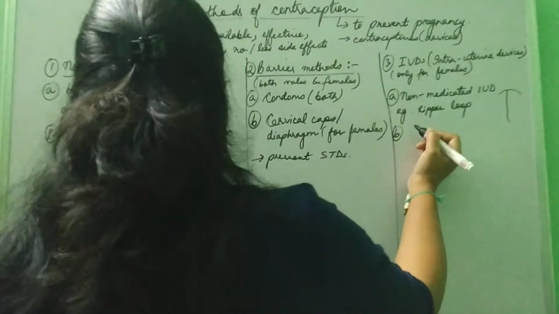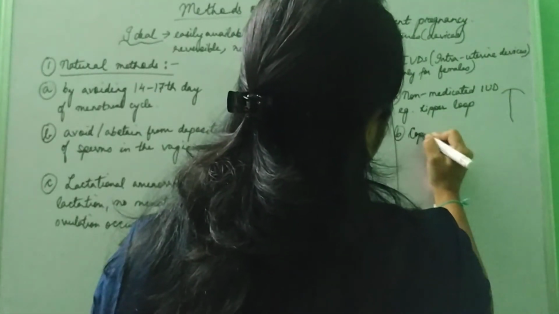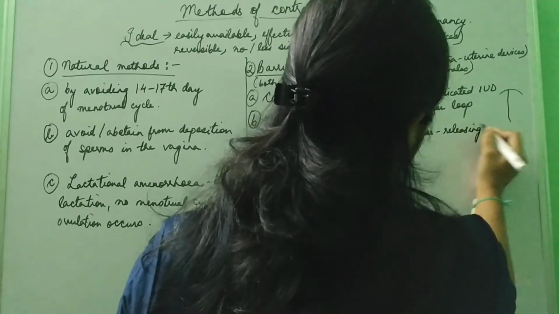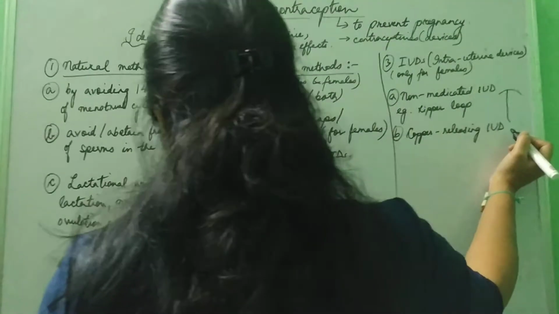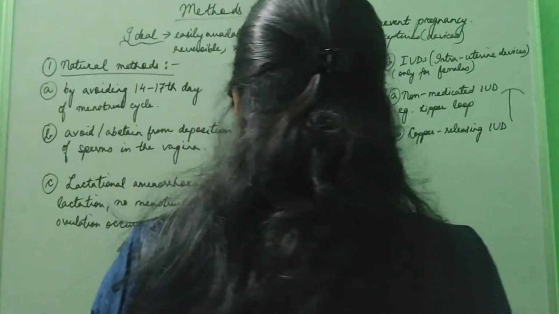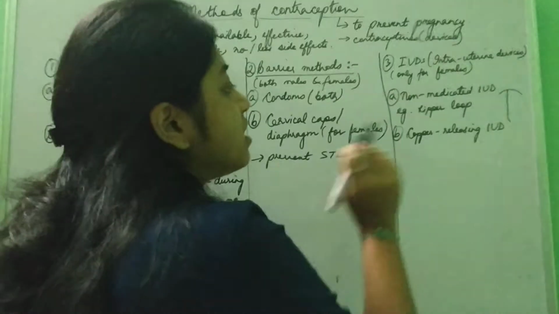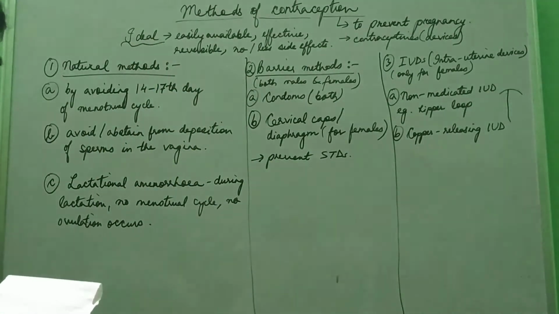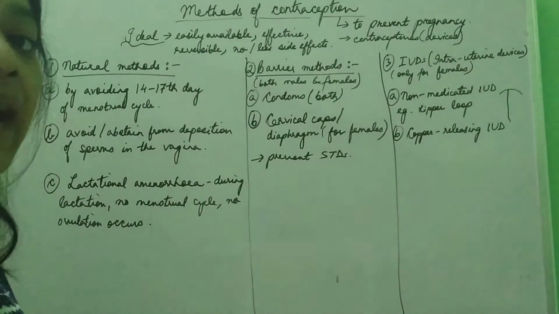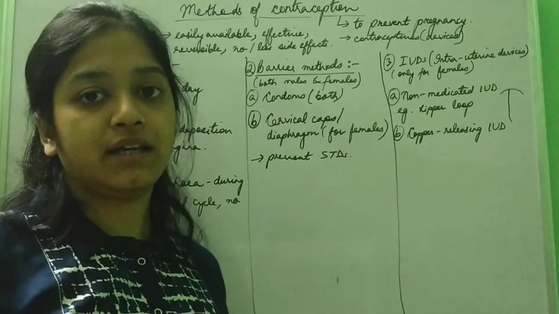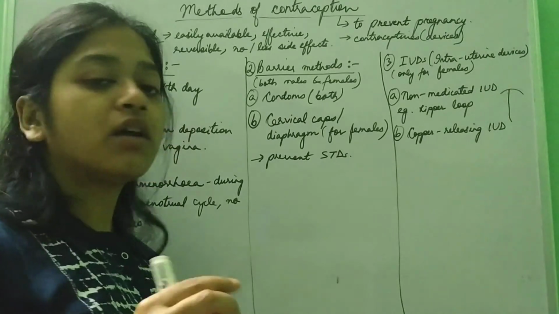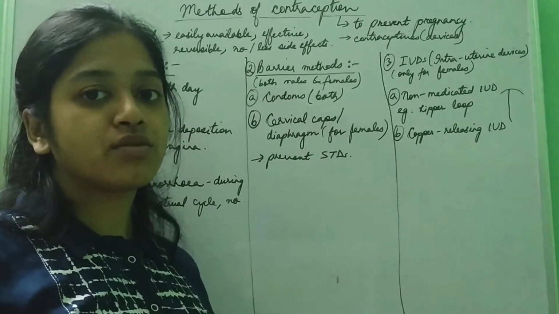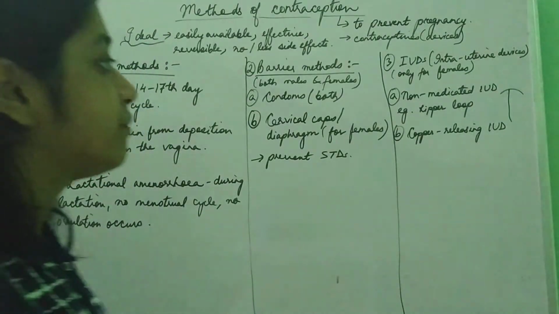Next is copper releasing IUD. As the name suggests, these will release copper ions. Now what will copper ions do? Copper ions will reduce sperm motility and increase sperm mortality. Means these copper ions will not allow the sperms to move. They will reduce sperm motility and kill the sperms also. So increase sperm mortality.